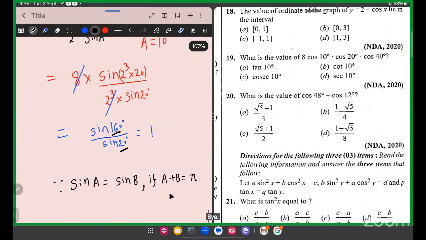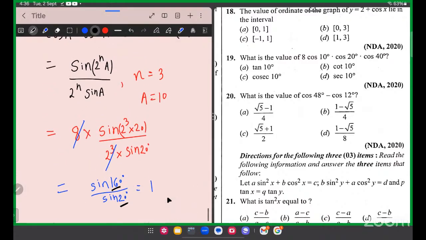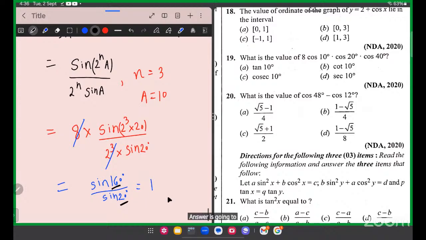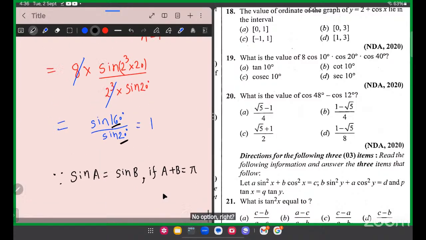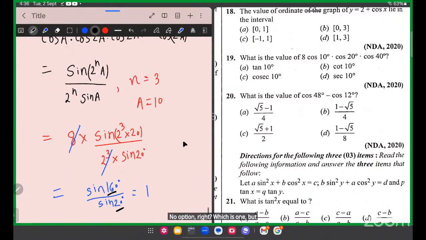So the answer is going to be 1, right? Okay. Although there is no option which is 1, but the answer should be 1.